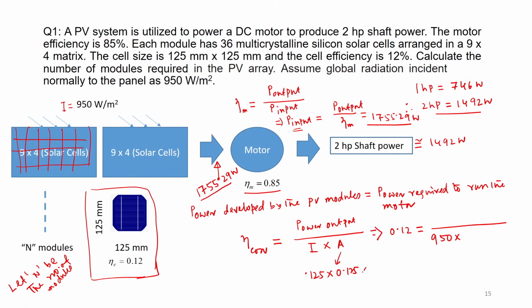Okay. So, this is the area of a single cell and there are 36 cells, arranged in a 9 by 4 matrix.